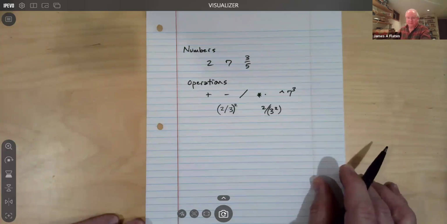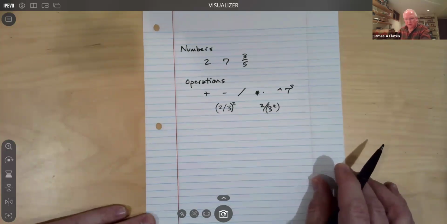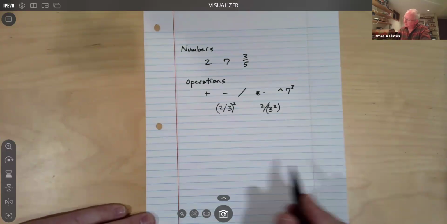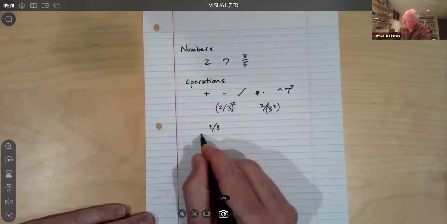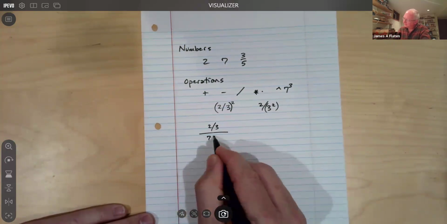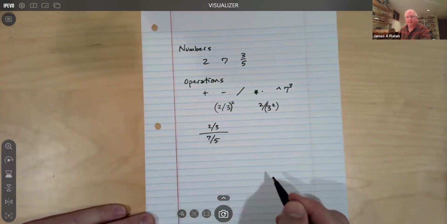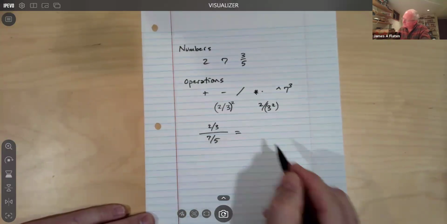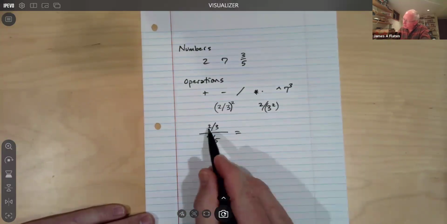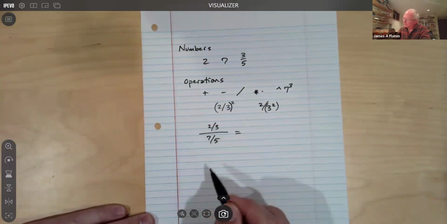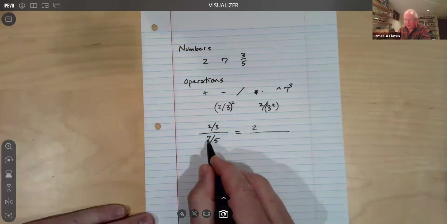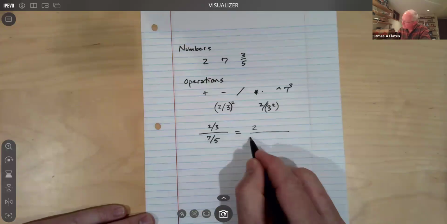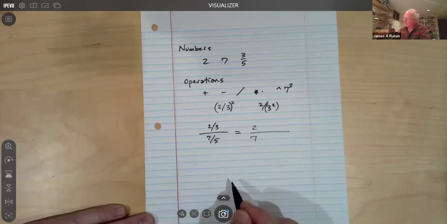Another thing to pay close attention to is what's in the numerator and what's in the denominator. So for instance, if I have 2/3 divided by 7/5, well, essentially the numerator of a numerator is definitely in the numerator, and the numerator of a denominator is definitely in the denominator.